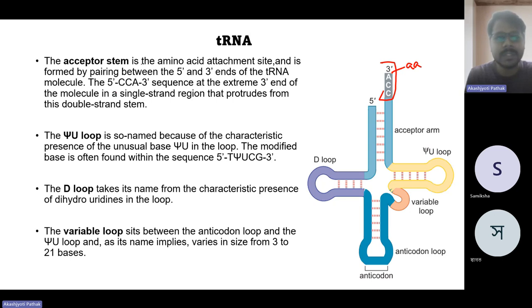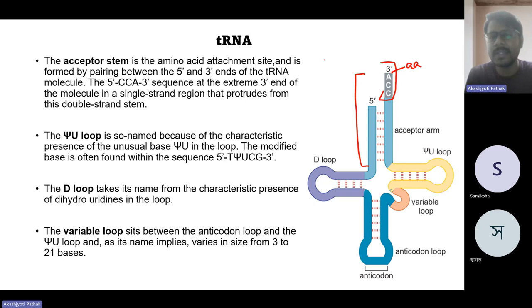Okay, so the acceptor stem is the amino acid attachment site, and it is formed by pairing between the 5' and 3' ends of the tRNA molecule. This entire structure is called the acceptor arm, and you can see here that it is formed by the base pairing of this 5' and the 3' ends of the tRNA.